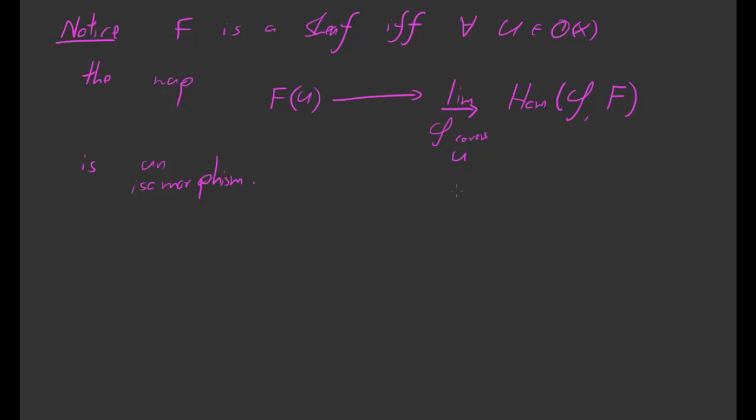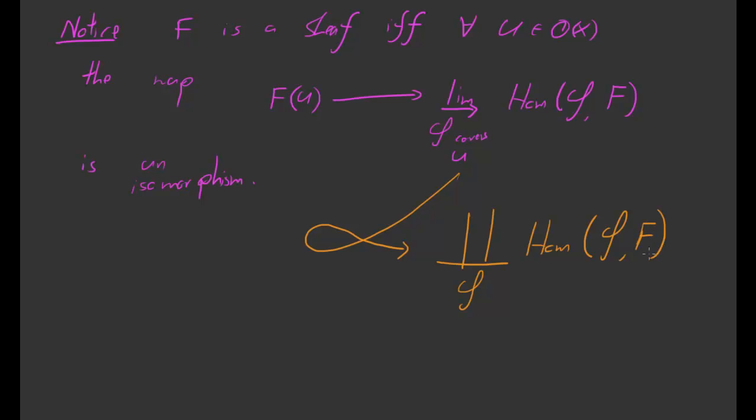So let me briefly say what this direct limit is, just to clarify. One way of thinking of this is that we take the direct sum over all covering sieves S of the Hom from S into F, and we quotient by some relation.